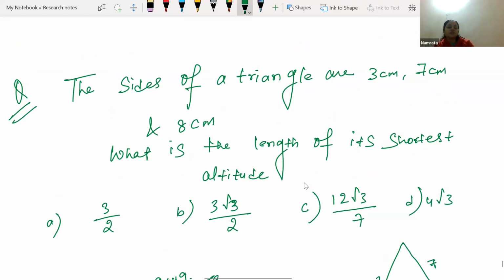Find the area of the triangle by using Heron's formula. First find it and let me know what you are getting as the area.